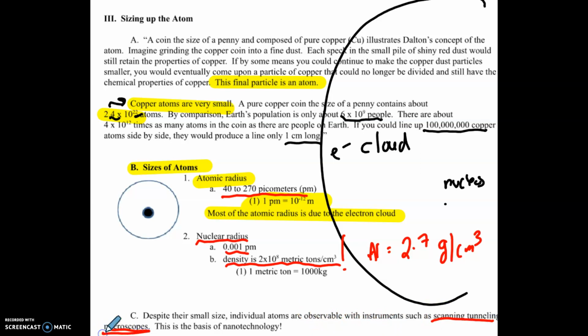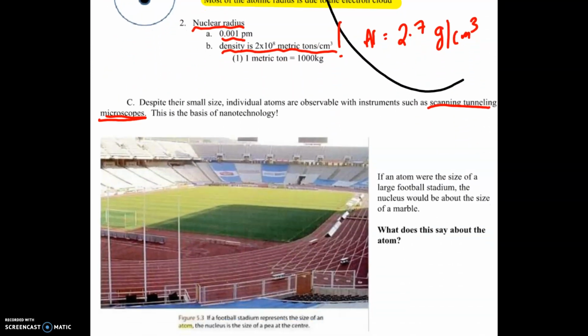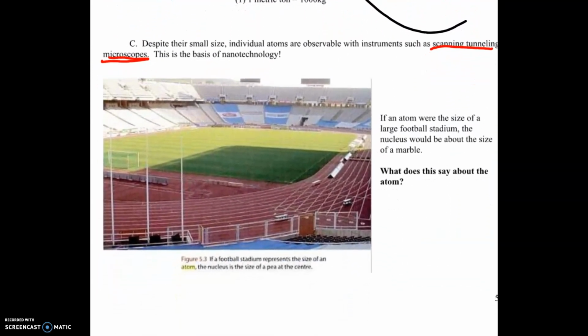We'll see that in the in-class video. This is the basis of nanotechnology. So if you are still having trouble visualizing how big an atom is, don't worry, I'll give you another example. Let's pretend that the atom were the size of a large football stadium. One single atom. If it's the football stadium, the nucleus will be the size of a marble.